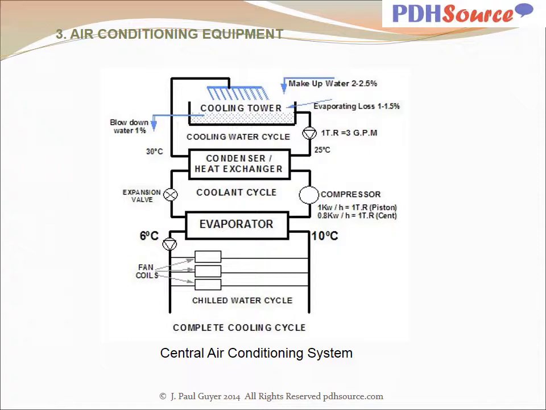The fan in each one of these fan coil units blows the air from the occupied space across the chilled water coil, and it cools the air. That warms up the chilled water somewhat, and the pump pressure pushes that chilled water back to the evaporator, where it is cooled down again.